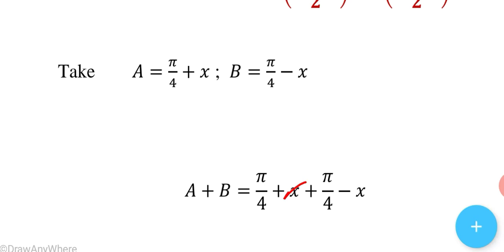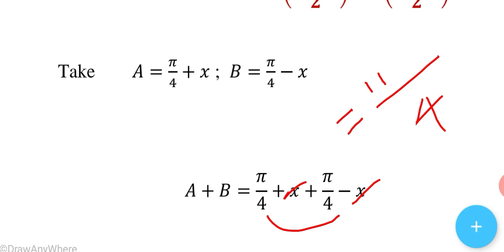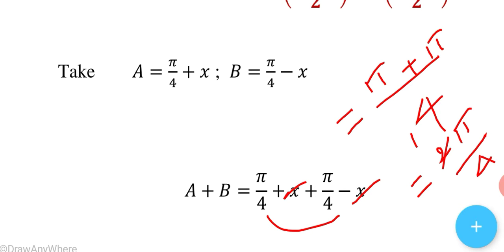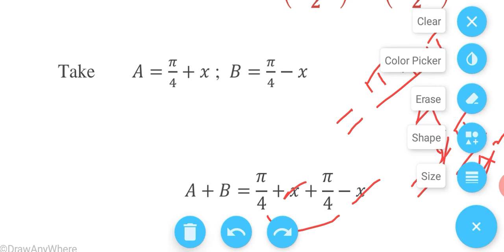We get 4 as the common denominator, so add the numerators, pi plus pi, which is 2 pi divided by 4. So a plus b equals pi by 2.